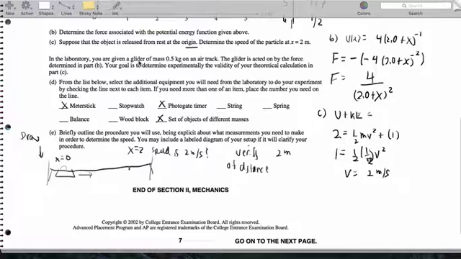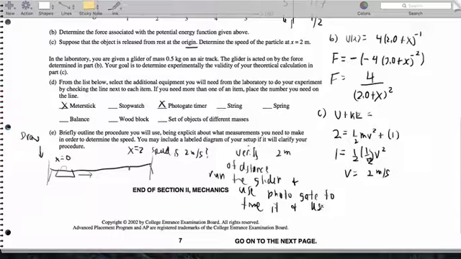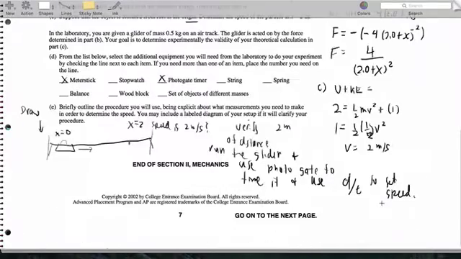And I don't actually need the objects since I'm told I have a 0.5 meter air glider. So I'd want to verify the 2 meter distance, run the glider, and I'd use the photogate to time it and use distance over time to get the speed. Nothing more than that. So that's the third free response question, and I'll get to the multiple choice in the next video.